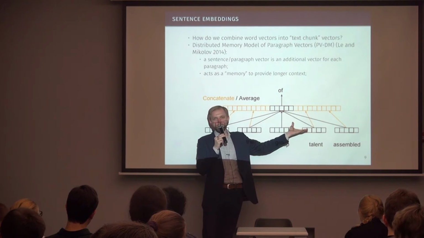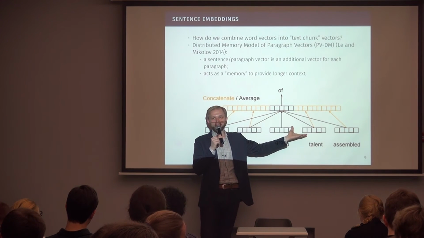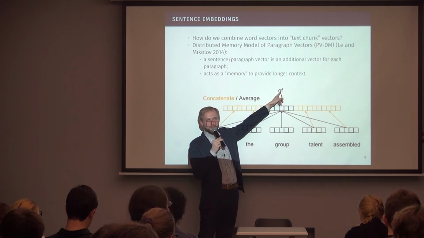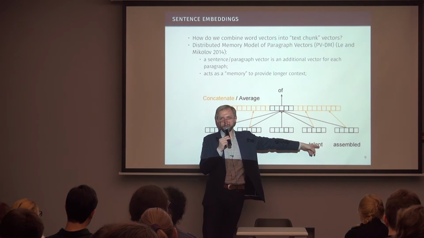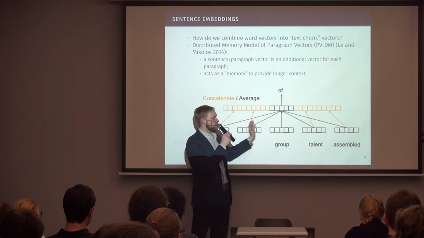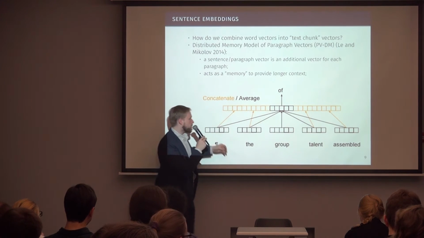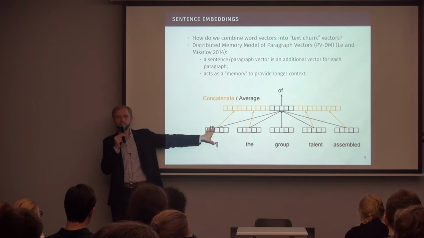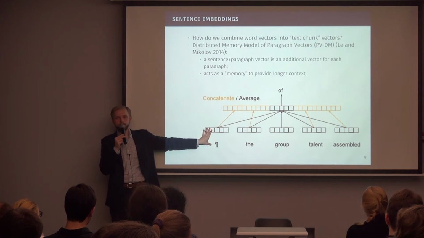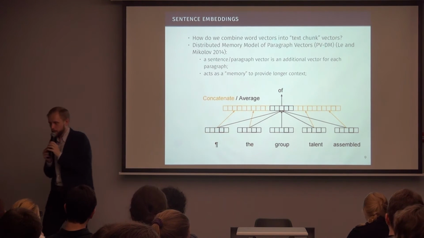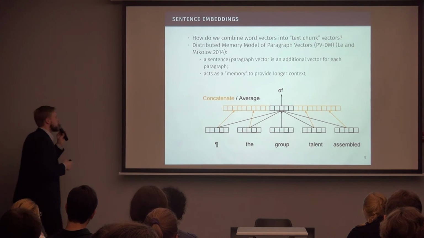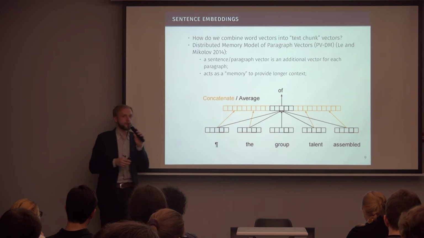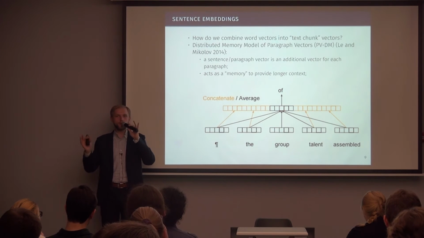Again, it's based on the continuous bag-of-words architecture. So again, you predict the middle word from its surrounding words in a window. But now, apart from these surrounding words, you also add a separate vector for the paragraph. Okay? And with this separate vector for the paragraph, you have a larger, more global context of the paragraph, right?